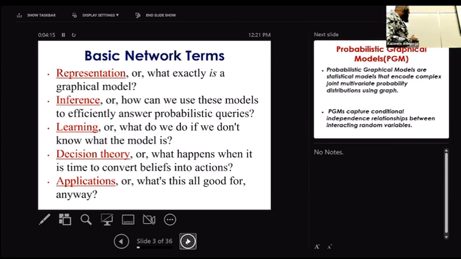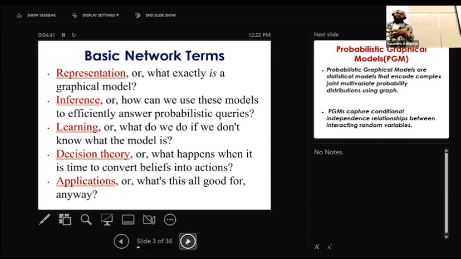In probabilistic graphical model, we're going to make use of graph theory. Okay, why graph theory? Why graph? Because we have a lot of variables, and these variables interact. Some are independent, some are conditionally independent, some are not independent.